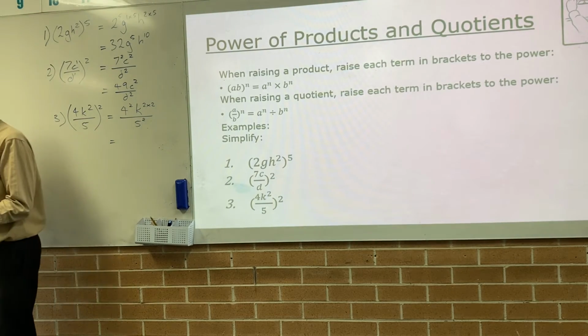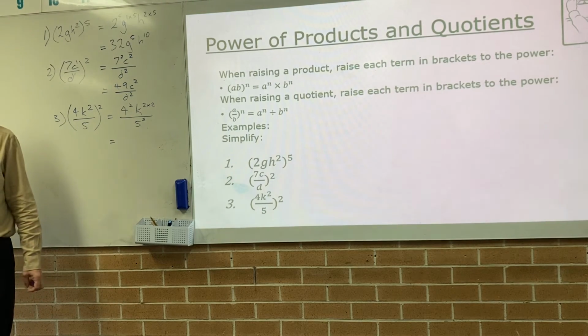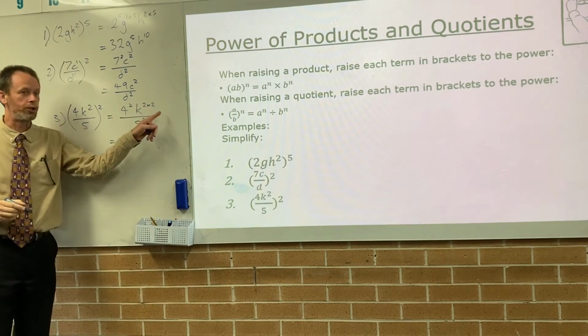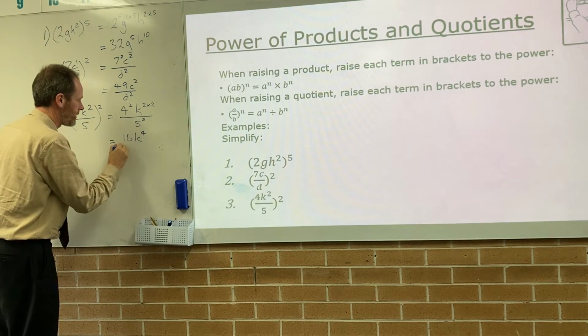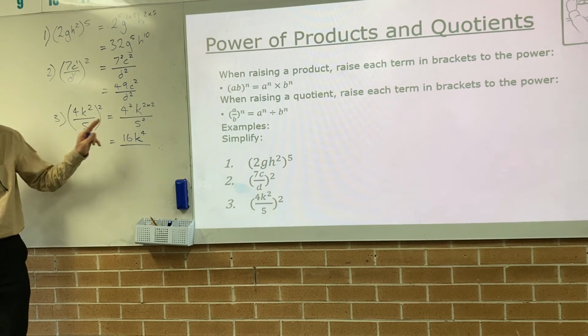Now, we by now should know 4 squared. What's 4 squared? 16. Thank you. Good work. What's 2 times 2? 4. Good. So I've got 16k to the power of 4. What's 5 squared? 25.